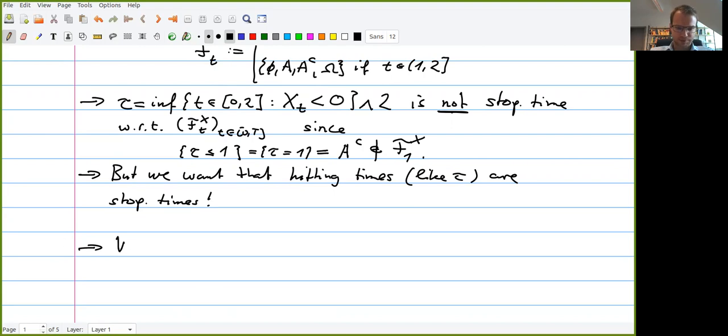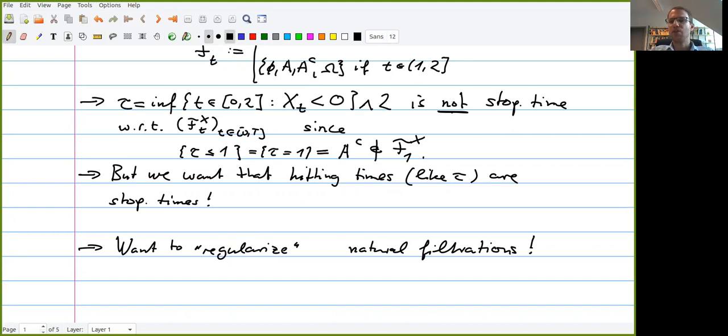So what do we want? We want to, let's call it, regularize the natural filtration of stochastic processes. Or in general, we want to regularize natural filtrations.